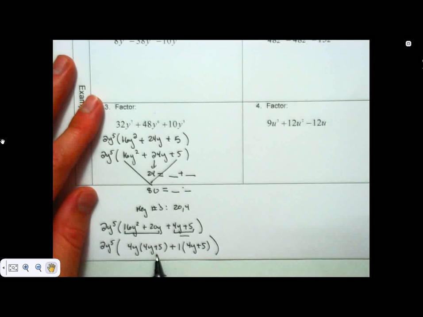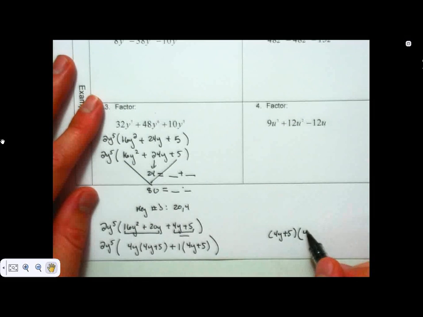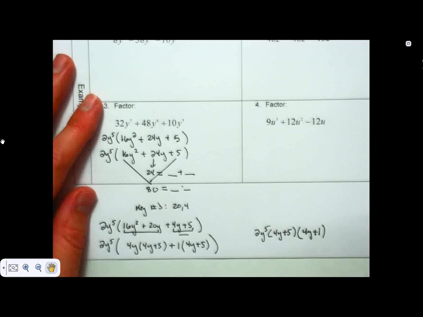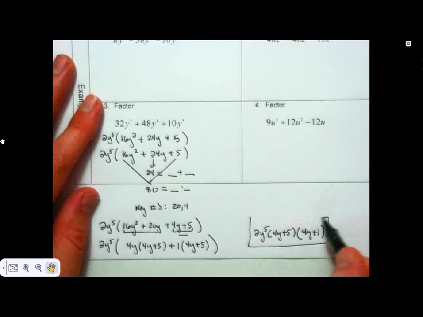So my final answer, if I look at the inside, I've got the 4y plus 5 group in common. So I've got 4y plus 5 times the leftovers, which is 4y plus 1. And then, of course, this 2y to the 5th, which is just riding along. So that also has to be included in my final answer.